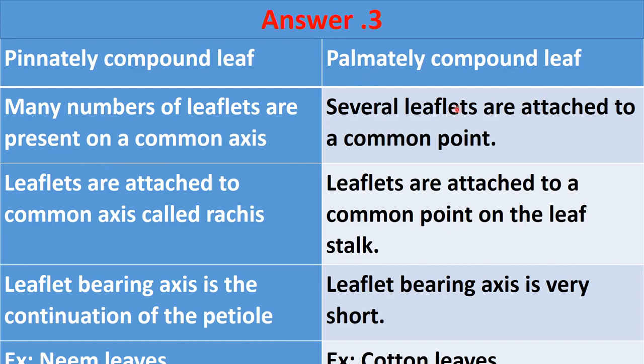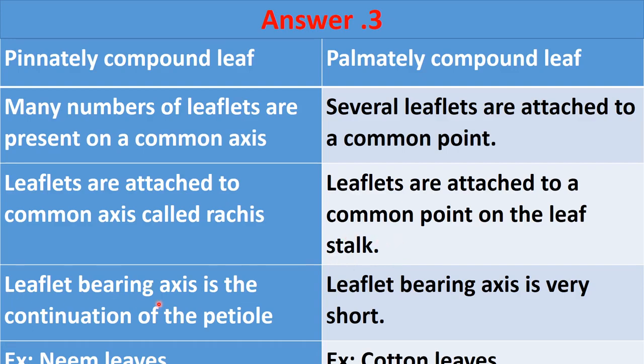In palmately compound leaf, several leaflets are attached to a common point. I hope you remember the diagram also. So here leaflets are present on a common point. Now in pinnately compound, leaflets are attached to the common axis called rachis, and here the leaflets are attached to a common point on the leaf stalk. So here that is called leaf stalk.